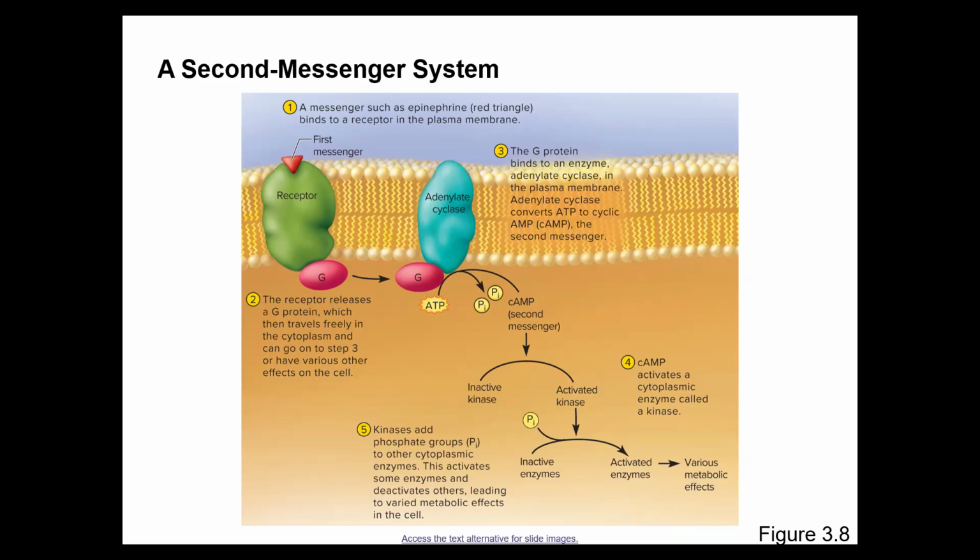So it used to be adenine with 3 phosphates. Now it's going to be adenine with 1 phosphate. Now it's adenine monophosphate. It was tri, now it's mono.